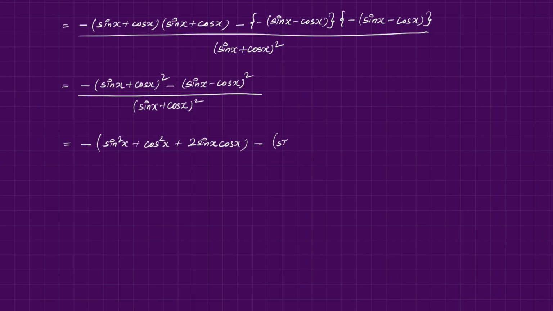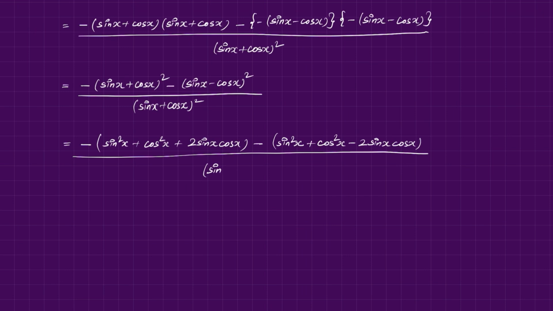So it is a square plus b square minus 2ab, whole divided by sin x. Here also let us expand this a plus b whole square, so it will be a square plus b square plus 2ab.